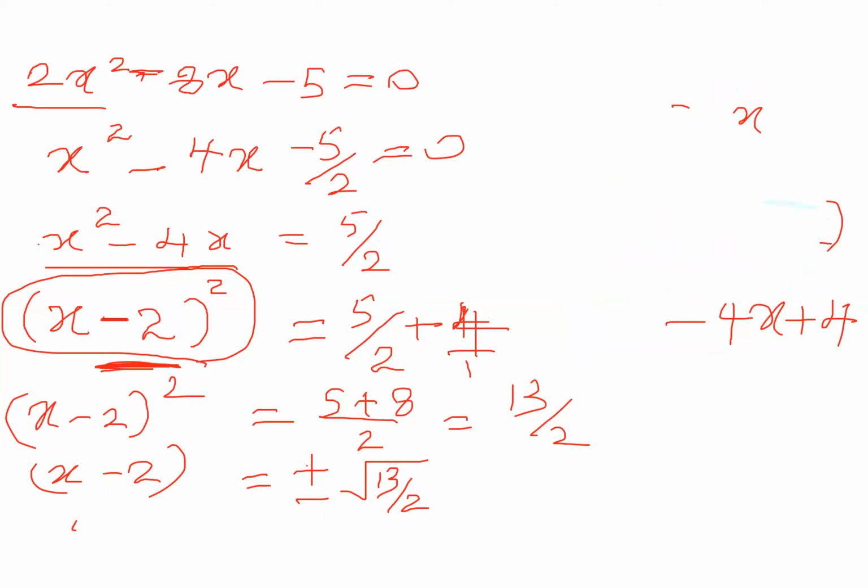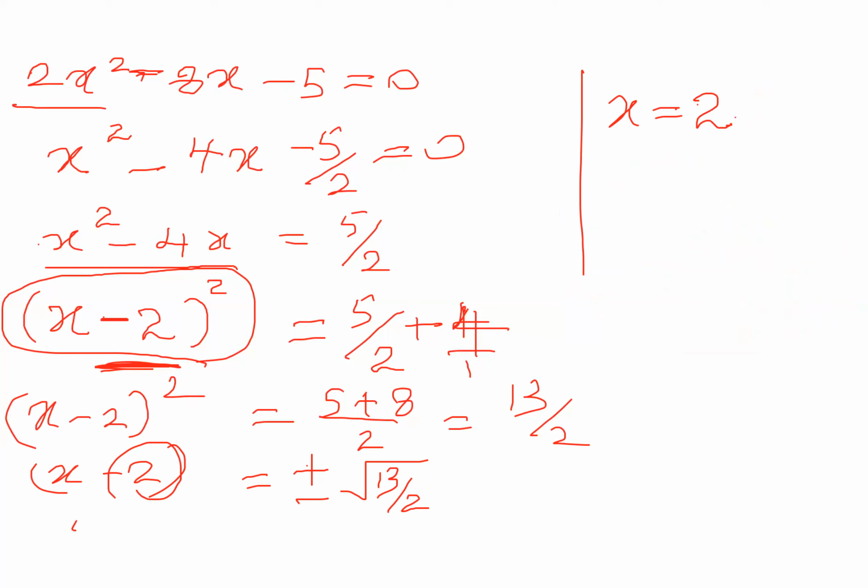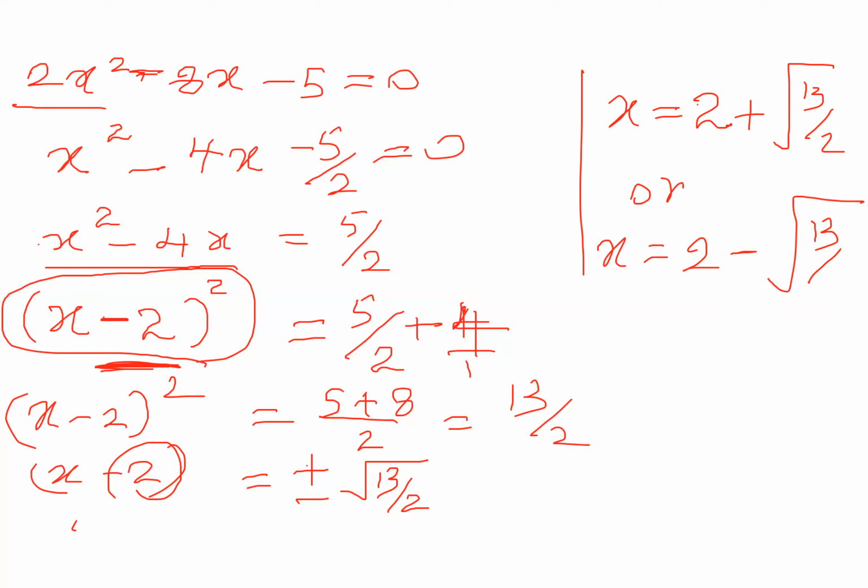When I simplify this further, you can see, x equals, then this minus 2, when we bring it to the other side, becomes plus 2. And the other bracket is plus square root of 13 divided by 2, or x equals 2 minus the square root of 13 divided by 2.